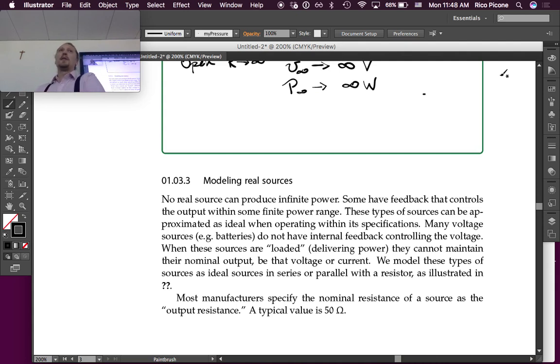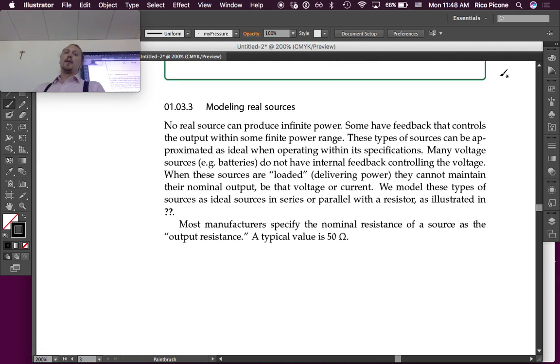You're going to be flowing quite a bit of current through that, and you're not going to maintain the nominal 9 volts of the battery. It's going to drop, right?